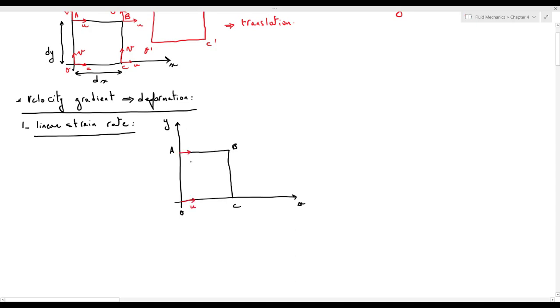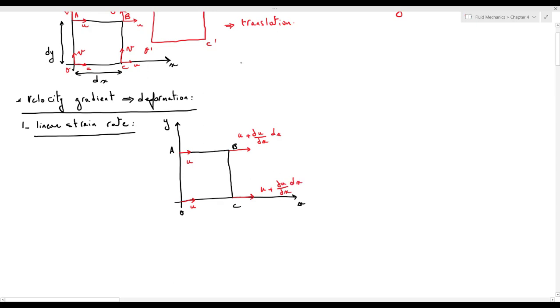So if at point O we have the velocity u and the same velocity at point A, and at the adjacent points B and C, the velocity u varies by an amount equal to del u over del x dx using Taylor approximation first order.